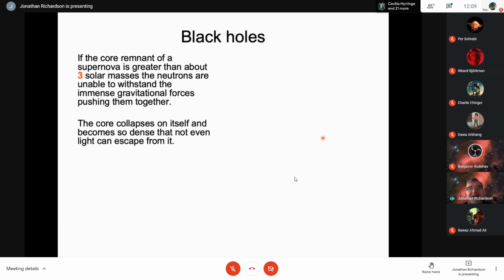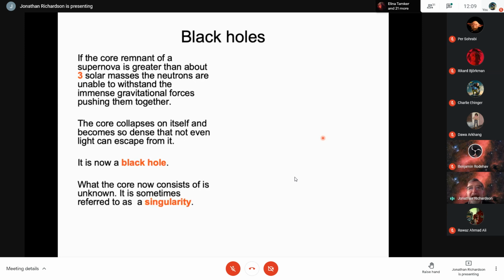What has happened now is that there is an object. We've talked circular motion. We talked about escape velocity in our circular motion and orbits discussion. So now we get this object called the black hole, and the black hole exists as a singularity.